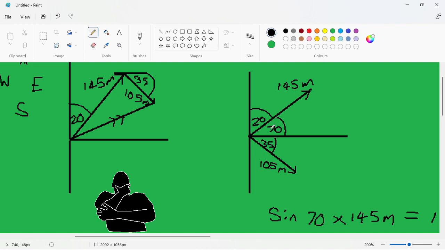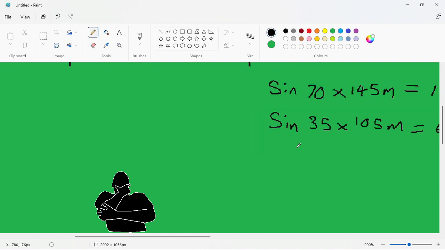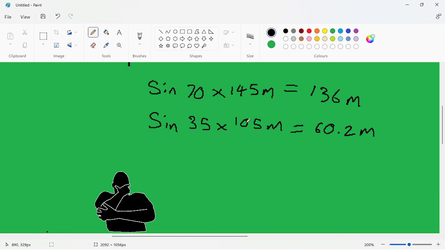So because up is north and up is positive, we're going to say the vertical component of this vector is positive, and the vertical component of this vector, since it's going in the opposite direction, is negative, or minus.